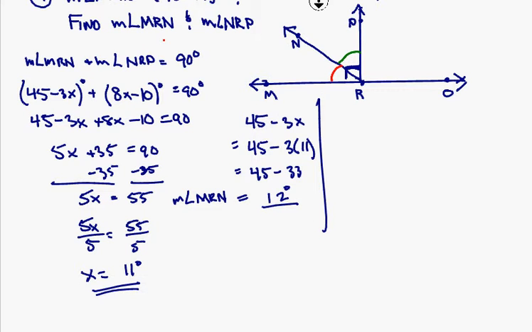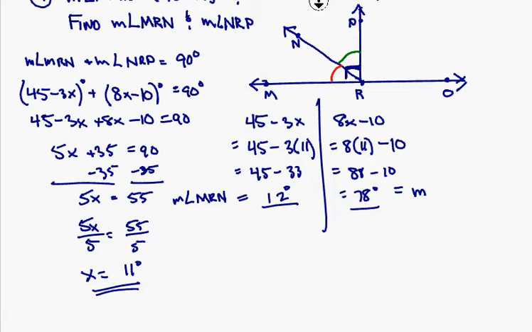Likewise, I can go 8x minus 10. Again, replacing x with 11, going 8 times the quantity 11 minus 10, which of course is 88 minus 10, which is 78 degrees.